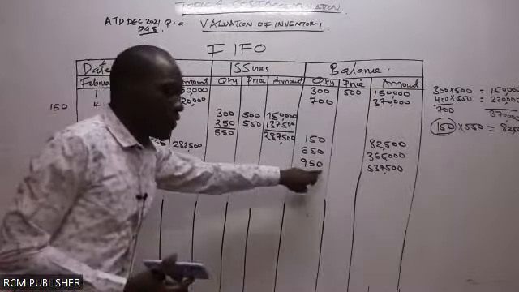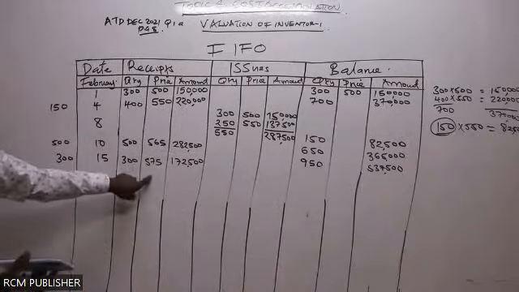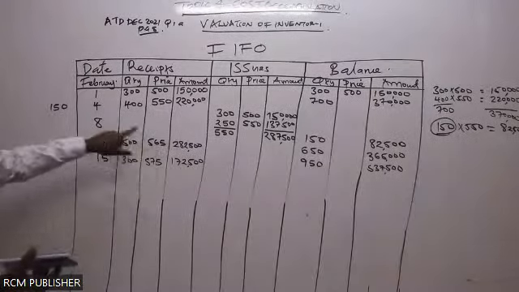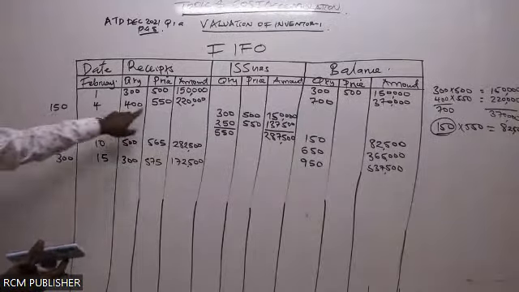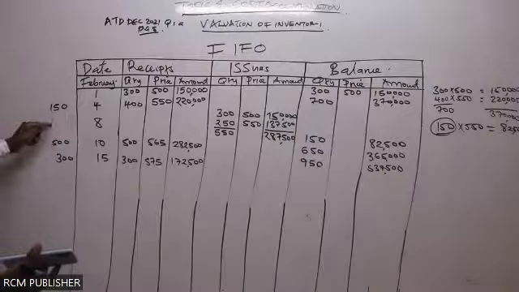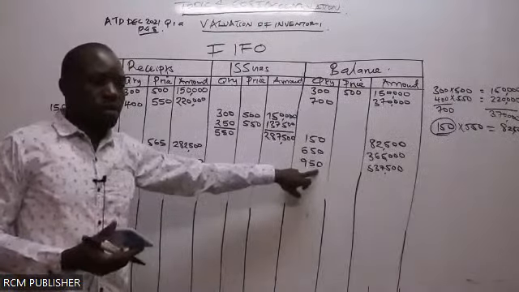Out of this 950, 300 units were brought in at 575, 500 units were brought in at 565, then 150 units were brought in at 550. If I add these, it is 650 plus 300, 950. And that is what my stock ledger is telling me.